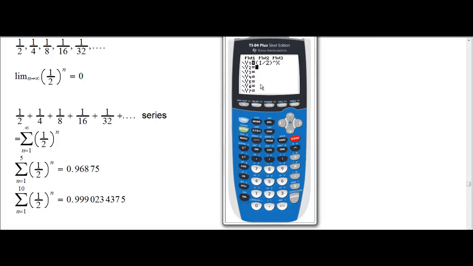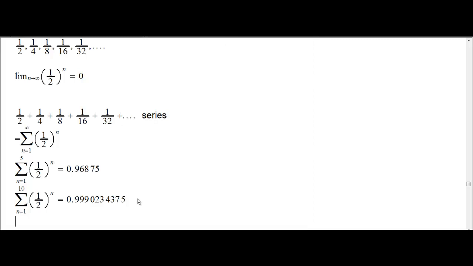Now say if I wanted to find this value, so this value is what? Let's look at this. We are taking the sum of the sequence, in other words, the sum of the terms of the sequence.